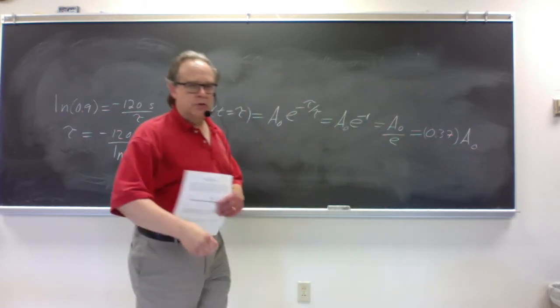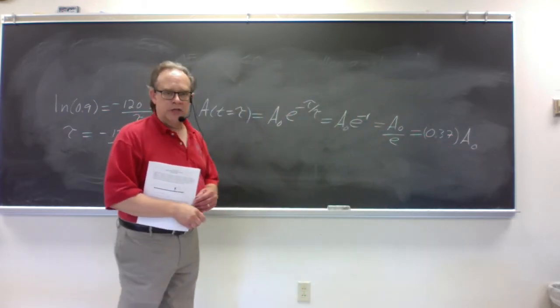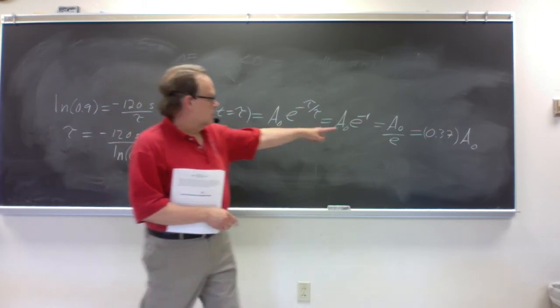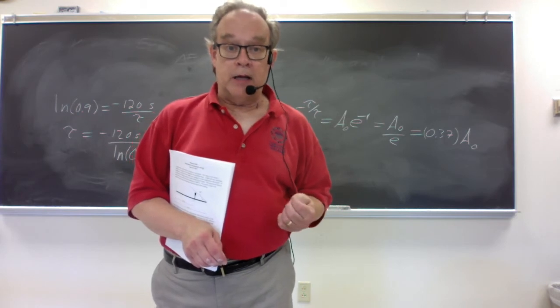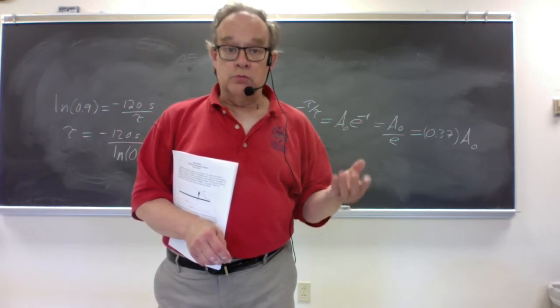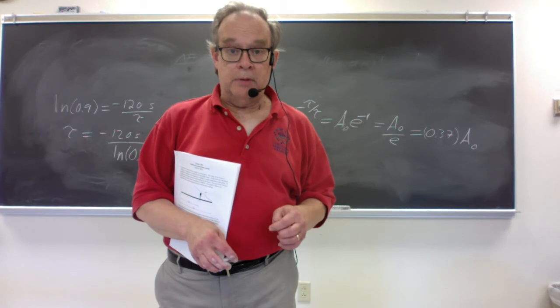In other words, after the oscillation has been going on for tau seconds, the amplitude is now decreased down to 37% of what it had been originally, almost 1/3 of what it had been originally.